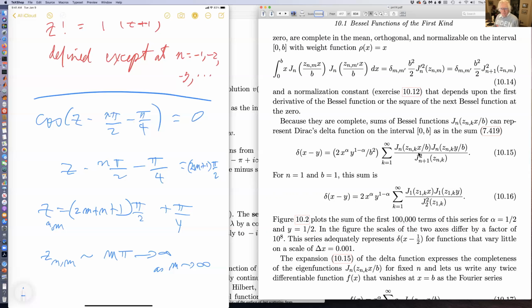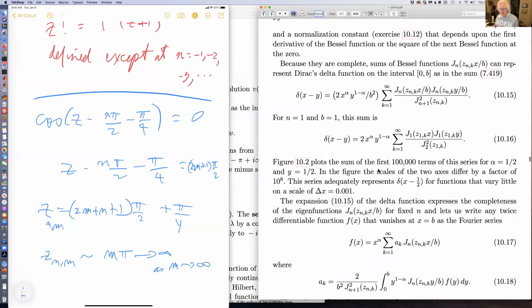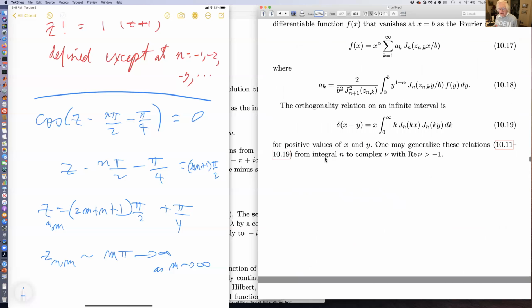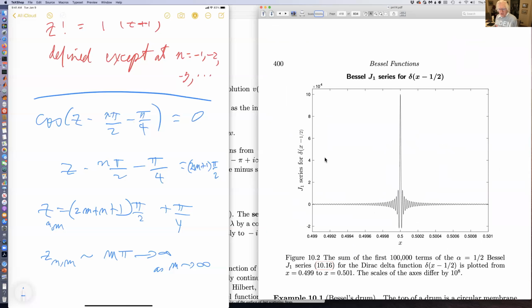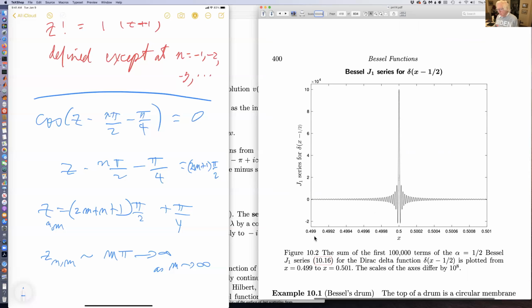This is the sum. If we set n equal to 1 and b equal to 1, then the sum looks like this. And figure 10.2 gives the plot. Notice that this is 10 to the 4th. We have different scales. This scale is 2 over 1,000.